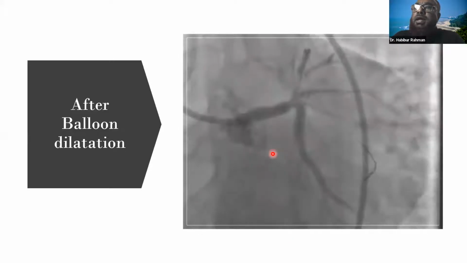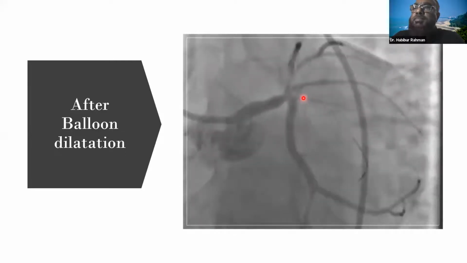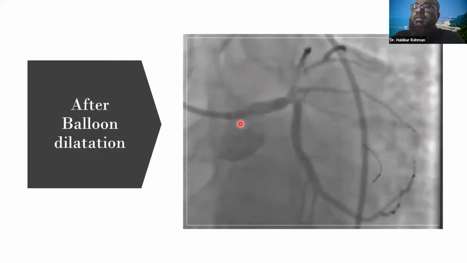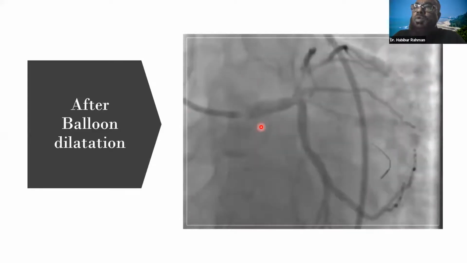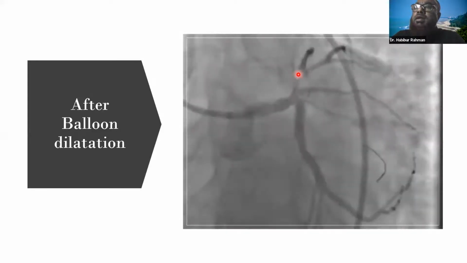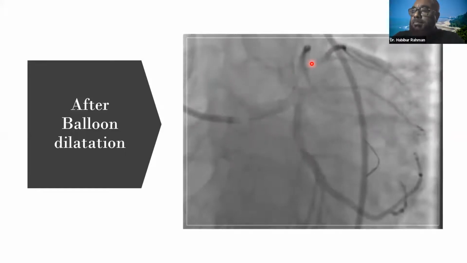Also the angle of the circumflex is very difficult, having some haziness in the ostial circumflex. So here there are two bifurcations, one in the left main, another in the LAD and diagonal.